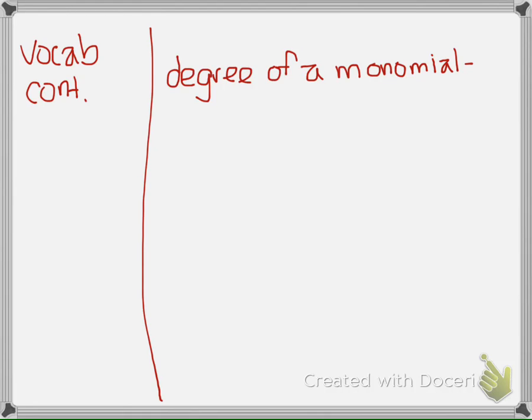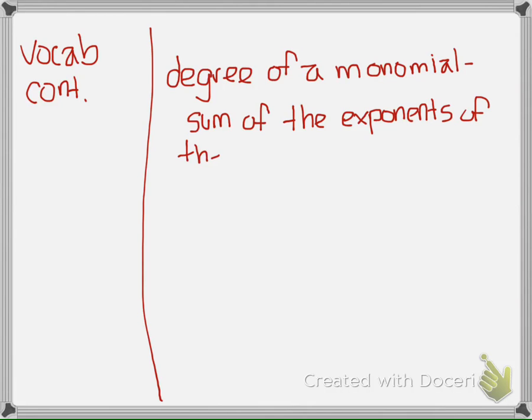So the degree is the sum of the exponents of the variables of a monomial.